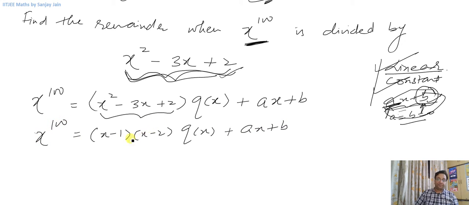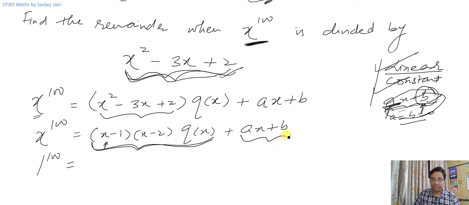Now see, if I put x equal to 1 on both sides, this will become 1 raised to power 100, which is nothing but 1. This term will become 0, because when I put x equal to 1, this bracket becomes 0, making this entire term 0, right?